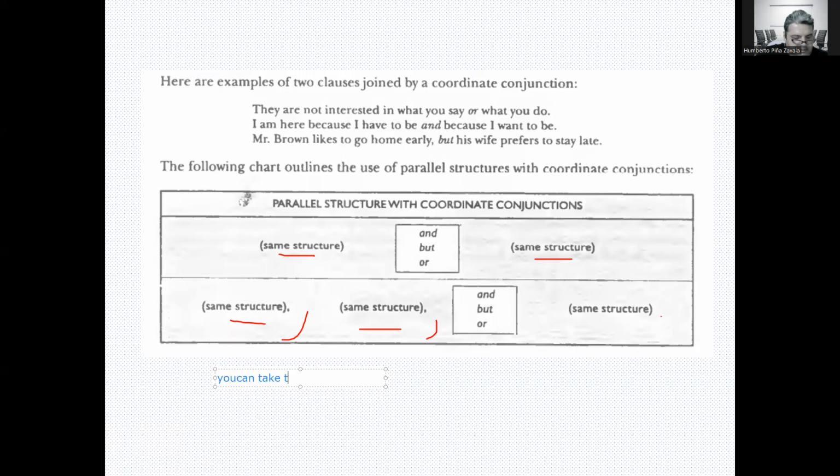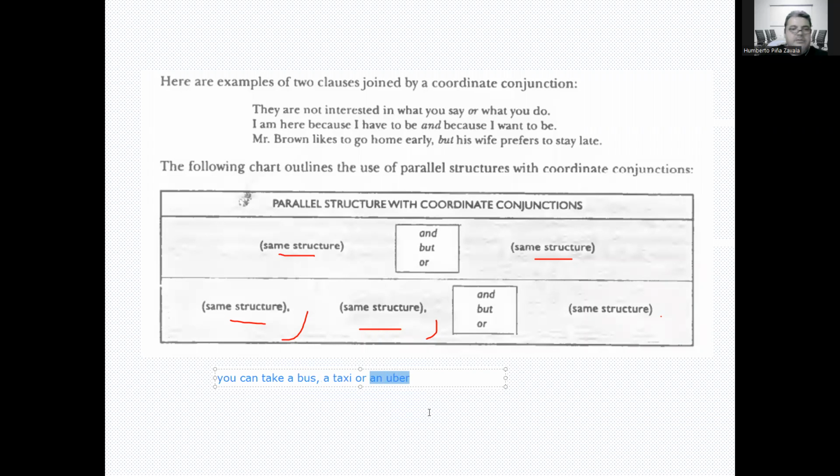Okay. So you say something like, you can take the bus, a taxi, or an Uber. Right. So notice that you have a bus, a taxi, and an Uber.